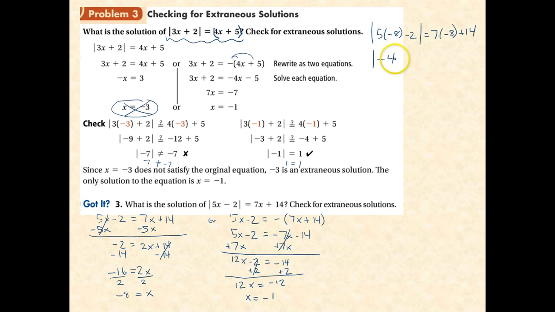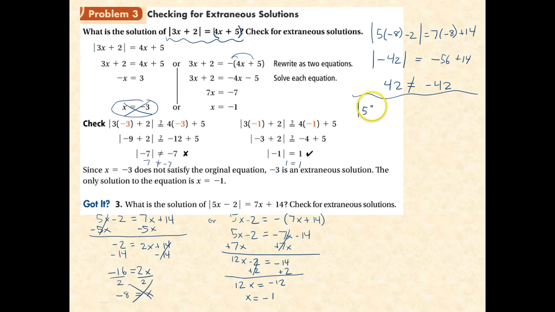Minus 2, that's negative 42. 7 times negative 8 is negative 56 plus 14. And I get 42 equals negative 42. Not okay. So this is an extraneous solution.